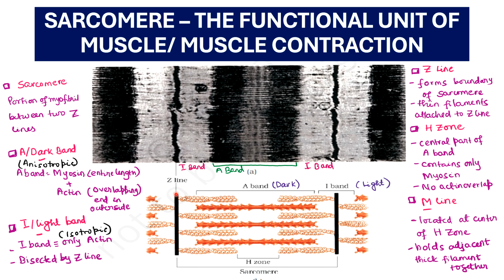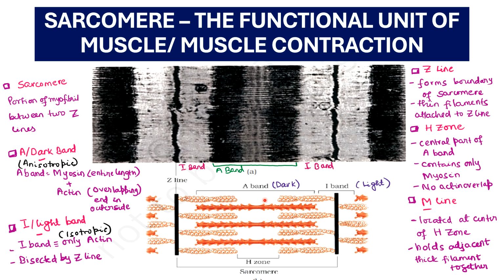If you see, this I band is actually made up of actin filaments, which are otherwise the thin filament. Now, the A band is made up primarily of the myosin filament, but it also has the actin filaments overlapping the myosin filaments at the ends. So the I band is made up of actin only.